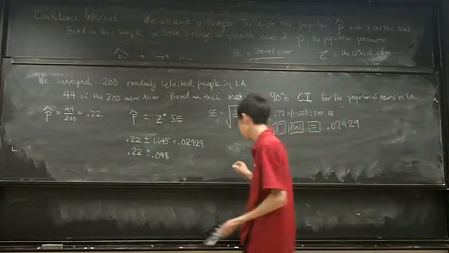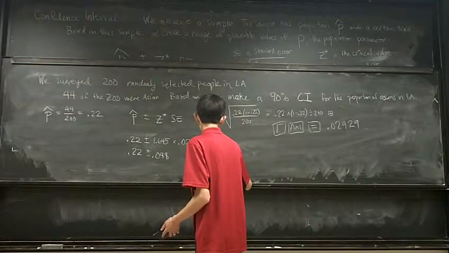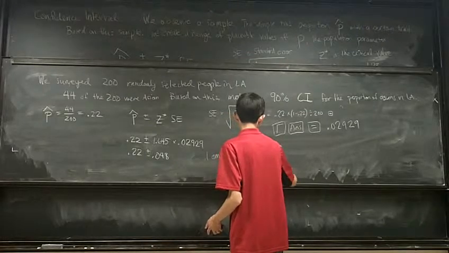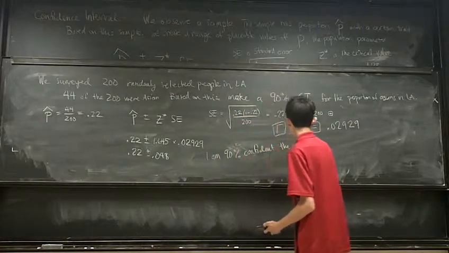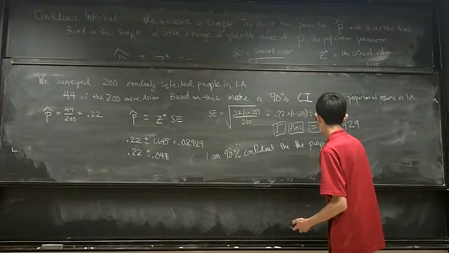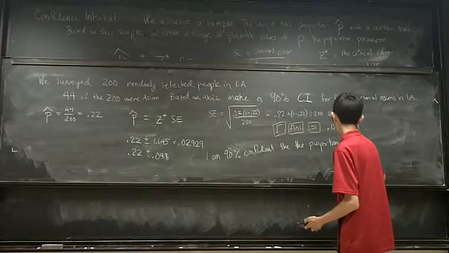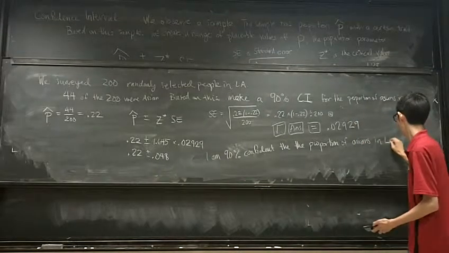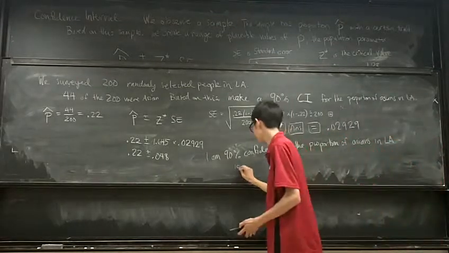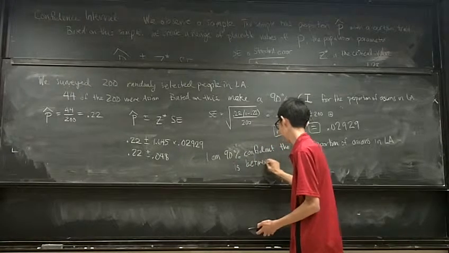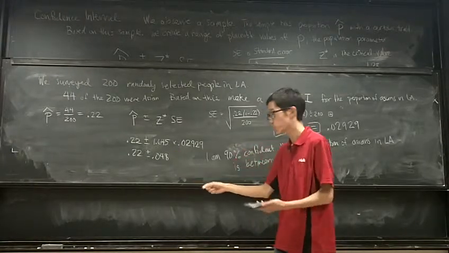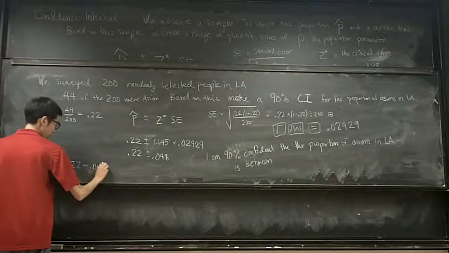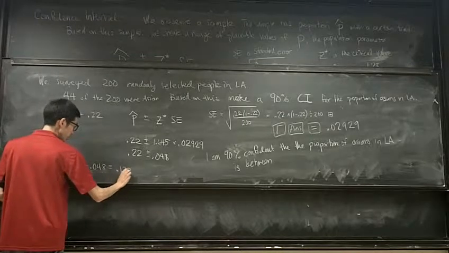Okay, so I would say I am 90% confident that the proportion of Asians in LA is between, okay, so I have to do 0.22 minus 0.048, and that gives me 0.172.